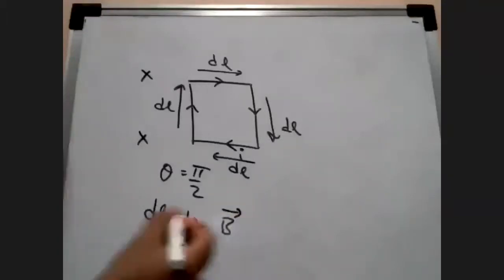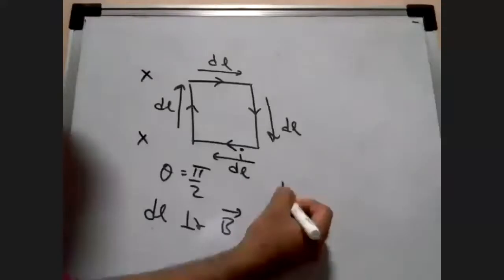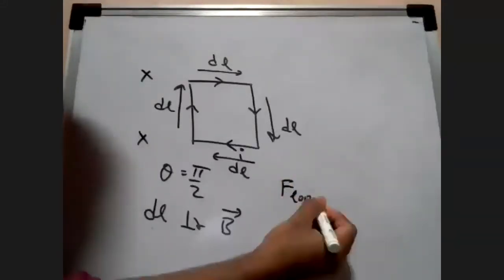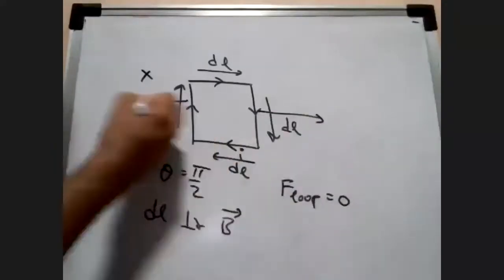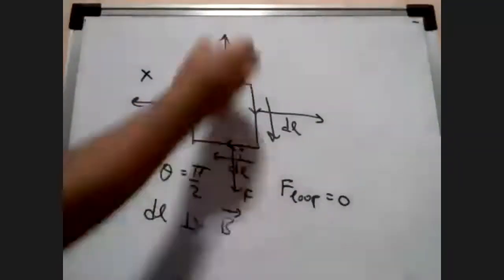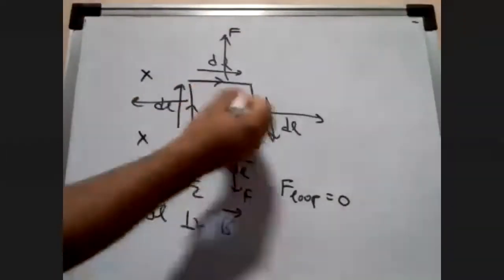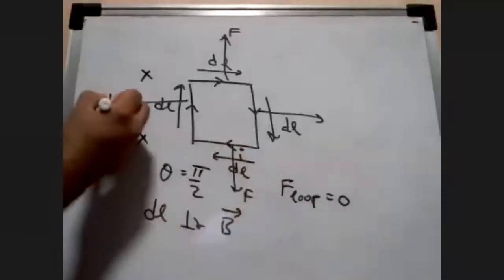And in that case, we know that the force on the loop, first of all, is going to be equal to 0. Why? Because they're all cancelling off each other. Every force has equal length, because you can see it's a square, so all are having equal length.